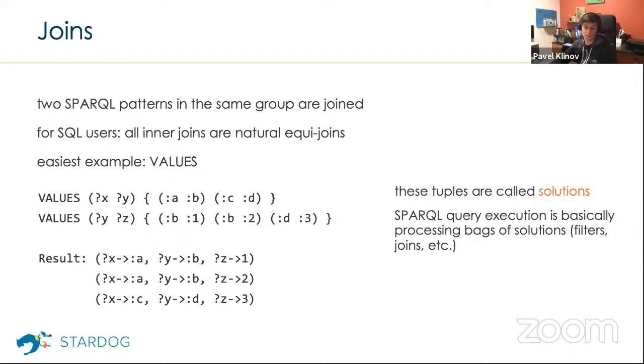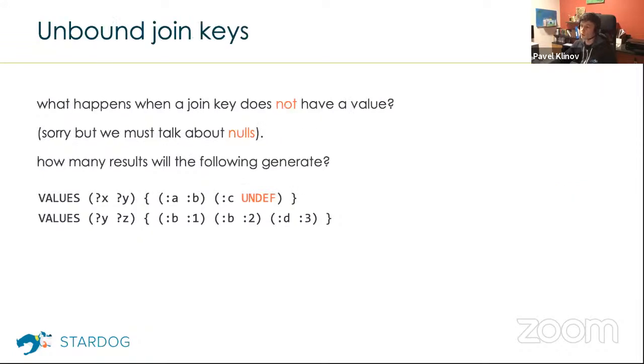A lot of SPARQL query processing is essentially generating those bags of solutions as you match the data in the graph, and then processing them as they flow up the plan. They get filtered, they get joined, duplicates are removed, they get sorted, and then eventually you get the final result. I'm going to use the term solution a lot in this talk, and this is what it means.